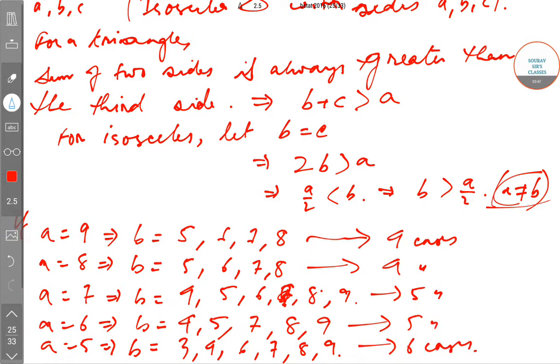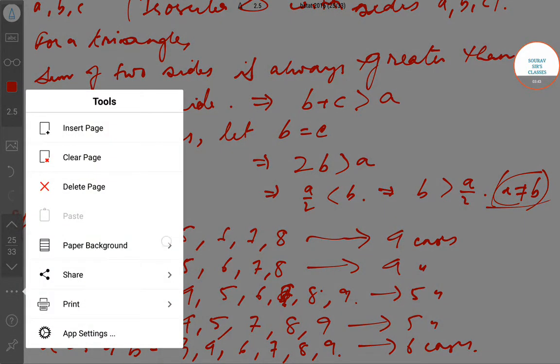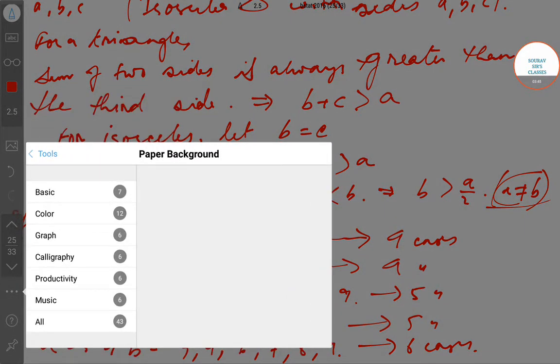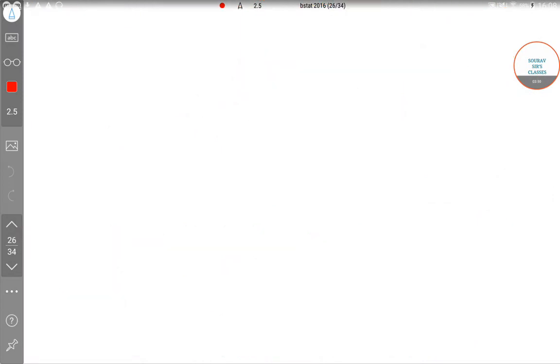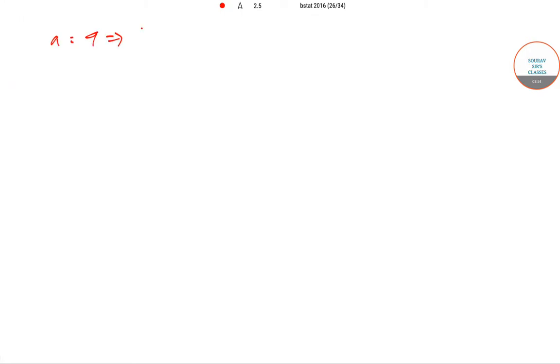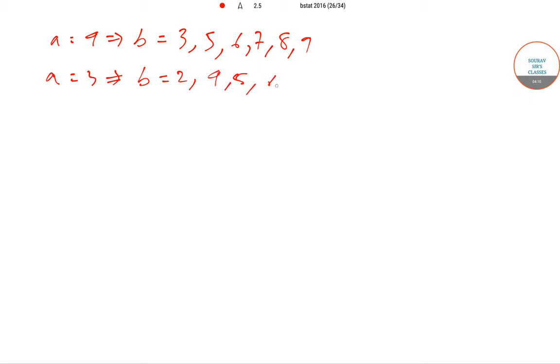Let's add a page below so that we can solve the further portion. Now we'll write for A equal to 4. If A equal to 4, then B can take the values 3, 5, 6, 7, 8 and 9, since 4 cannot be there. If A is equal to 3, then B is equal to 2, 4, 5, 6, 7, 8 and 9, since 3 cannot be there.